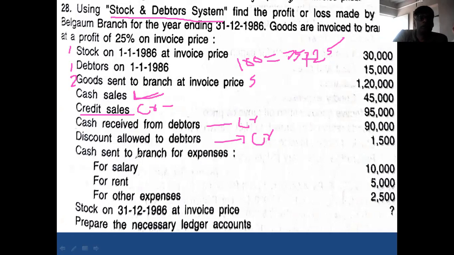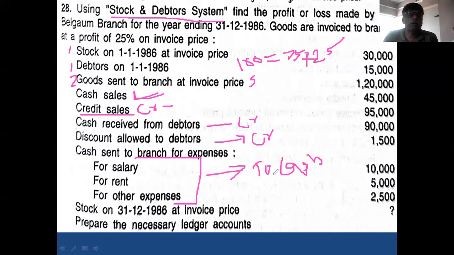These three items come in the branch expense account debit side, under to cash, and discount comes under the heading debtors account. So two items come in the branch expense account.